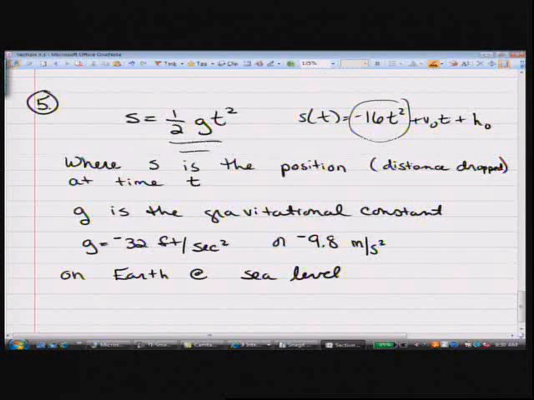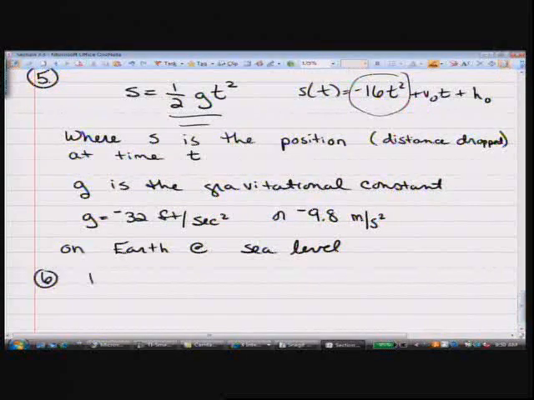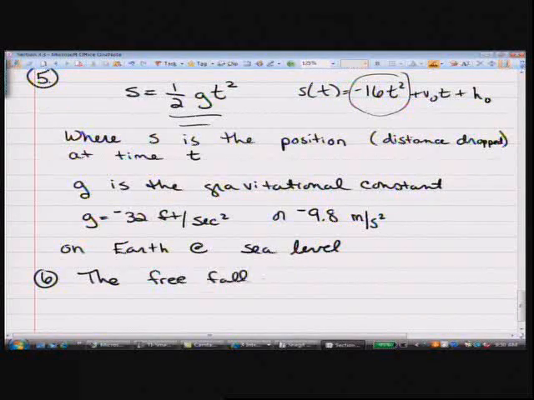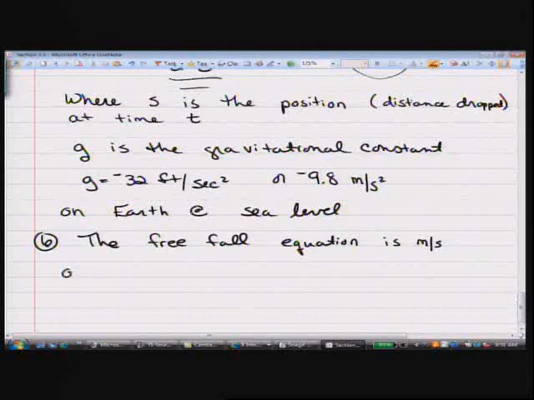Mars and Jupiter are slightly different. The free-fall equations, in meters per second, on Mars and Jupiter.